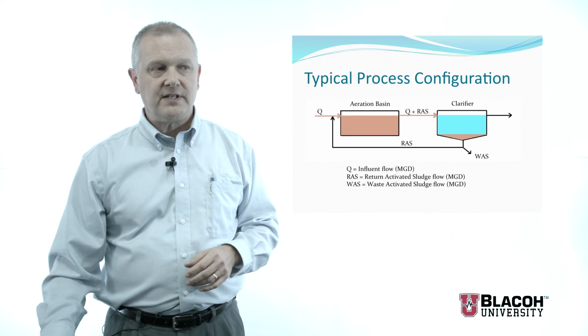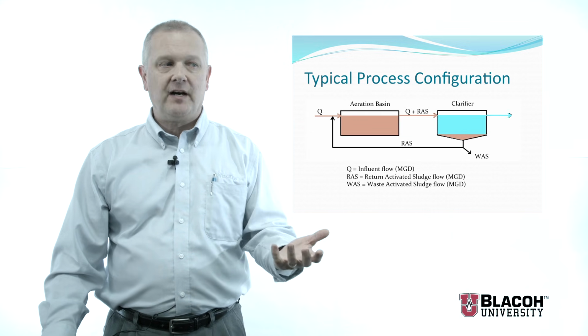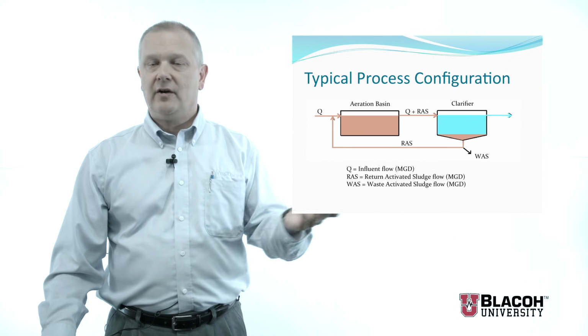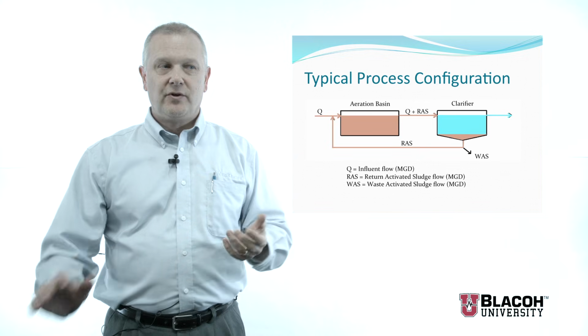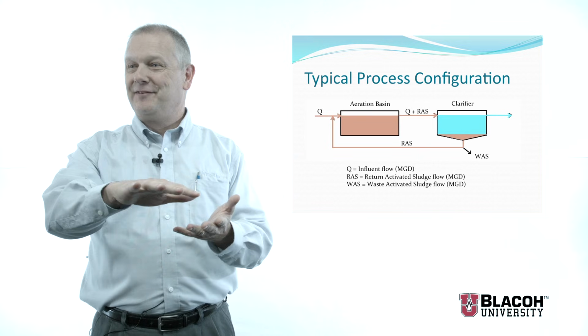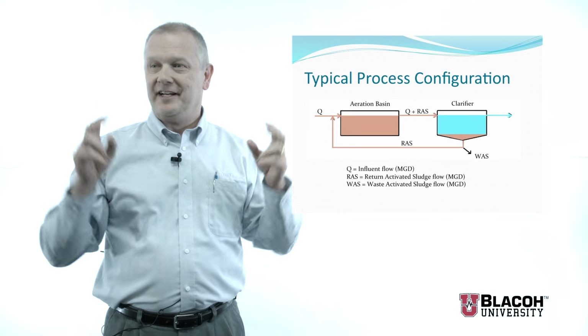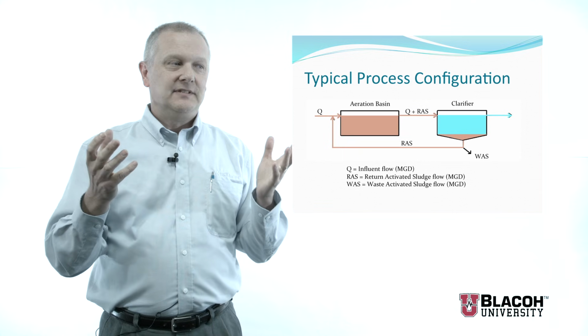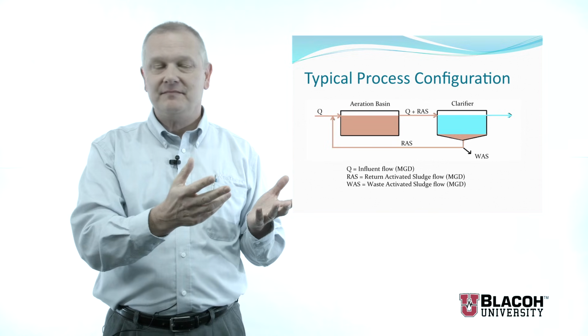And so the clear liquid flows out the top, but we take the solids that settle in the bottom of that clarifier and we recycle them. We call it return activated sludge into the aeration basin. So the sludge that settles in the clarifier is recycled into the aeration basin and activated to work on the contaminants that come into the system.